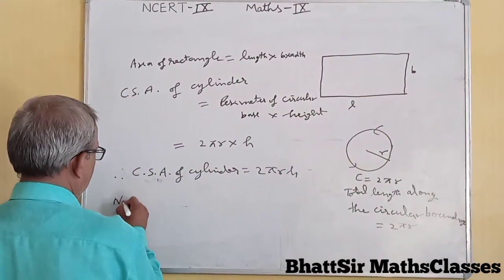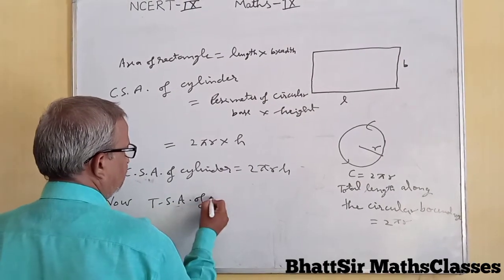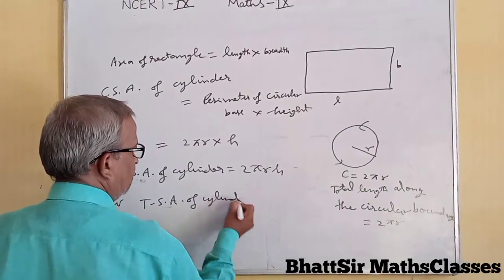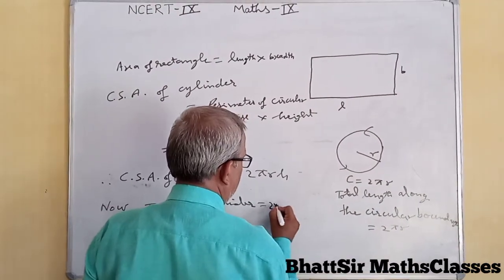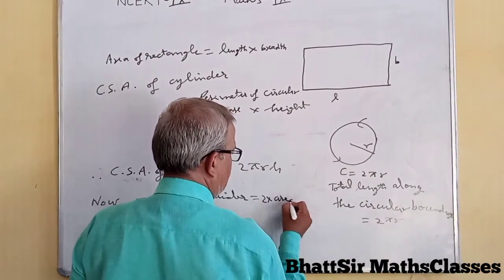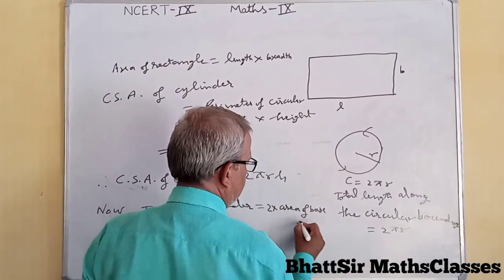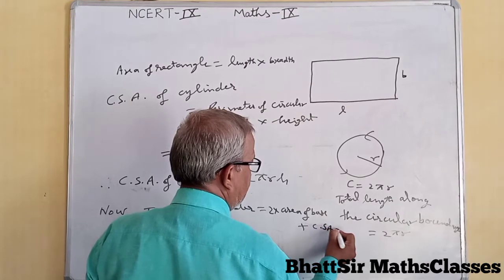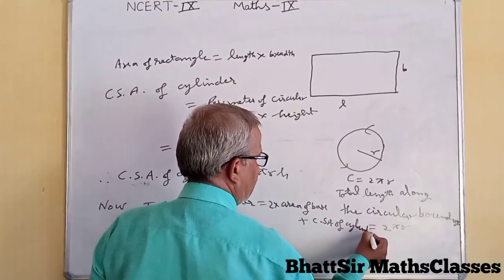Now the TSA of cylinder equals 2 into area of base plus CSA of cylinder.